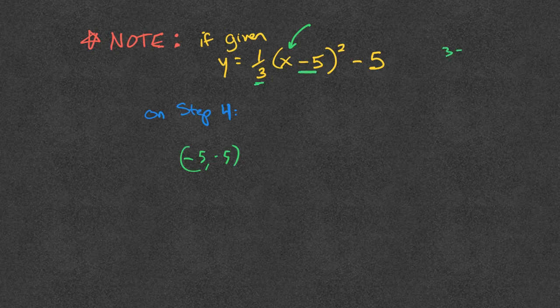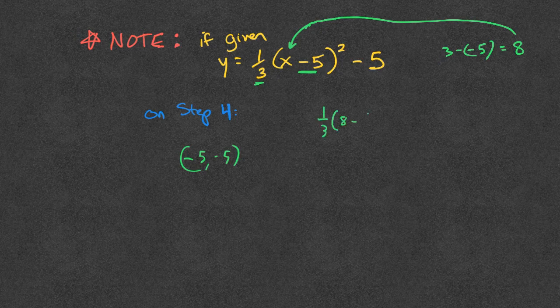So 3 minus negative 5 in this instance is 3 plus 5, which is 8. So you're going to use that for x. And then 1/3, (8 minus 5) squared minus 5. Still end up with 8 minus 5, which is 3. And it should work out roughly the same.